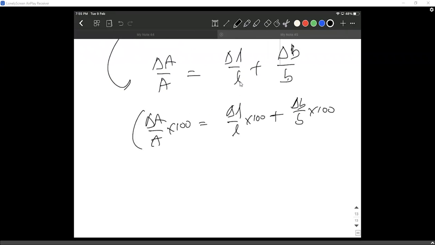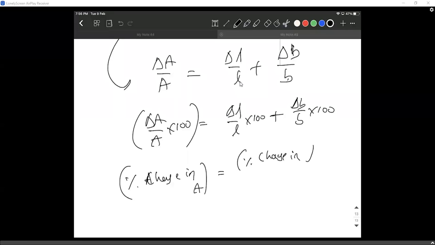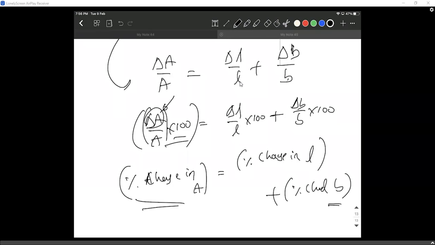So this simply looks like the percentage change in A equals the percentage change in length plus percentage change in breadth. That is what it is, right? Delta A is nothing but change. Delta A by A into 100 is nothing but percentage change in A. I hope you all know this thing. Similarly, delta L by L into 100 is nothing but percentage change in L. This thing is nothing but percentage change in B.